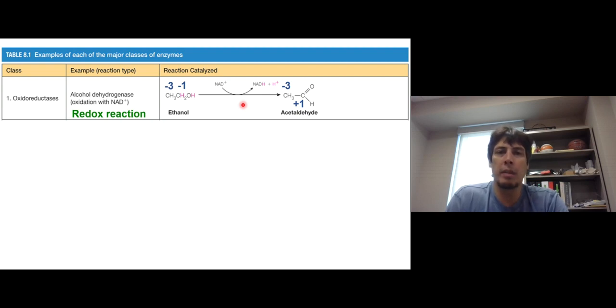So there's an oxidation state change from -1 to +1. It's a two electron oxidation at that carbon, which corresponds with the 2 electron reduction of NAD plus to NADH. So this is a redox reaction, and oxidoreductases are the enzymes that catalyze redox reactions.